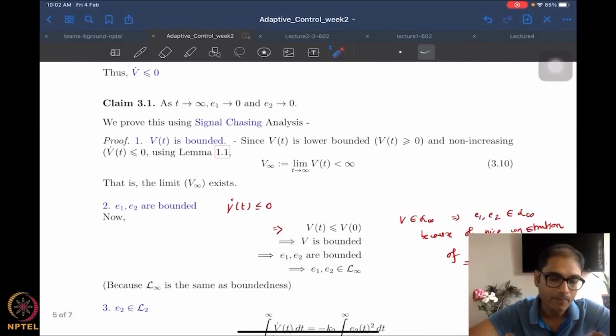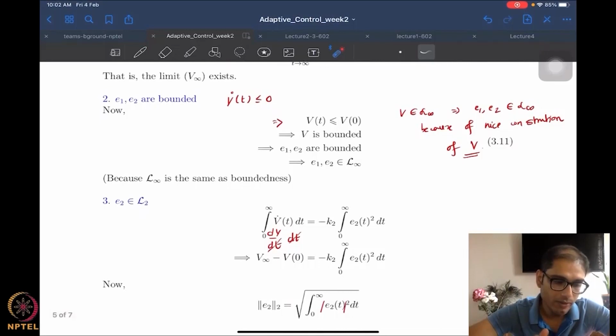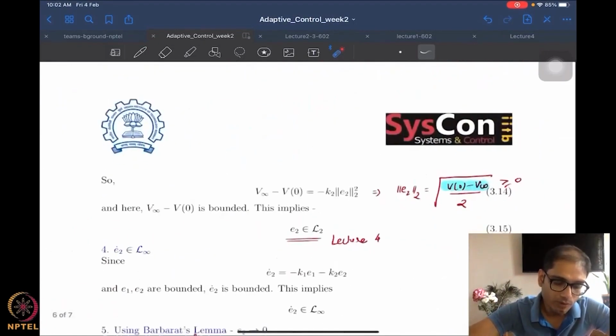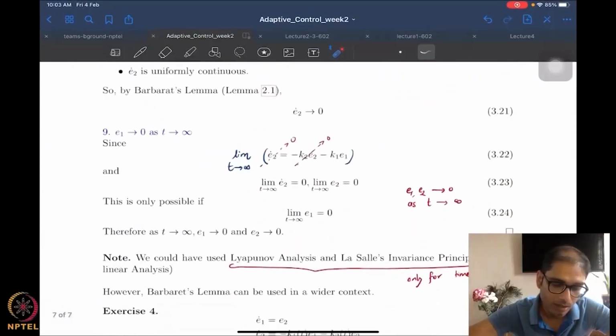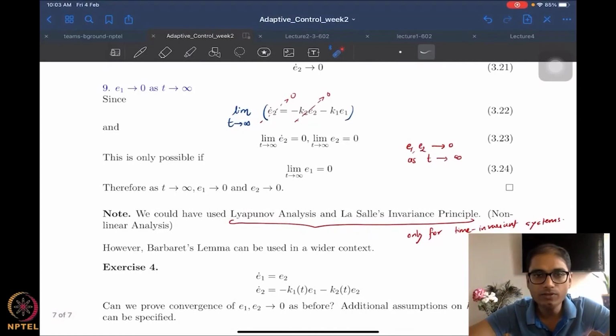That's the good thing. So we've completed the proof of how to use Barbalat's lemma to conclude asymptotic convergence of signals. Stability is a separate question which we'll address slightly later.